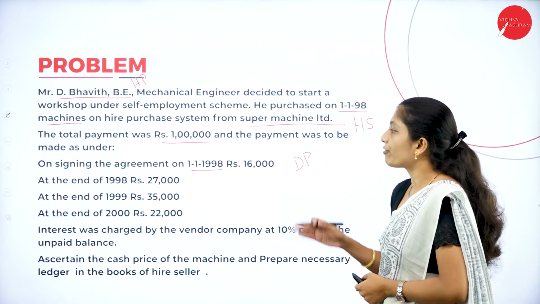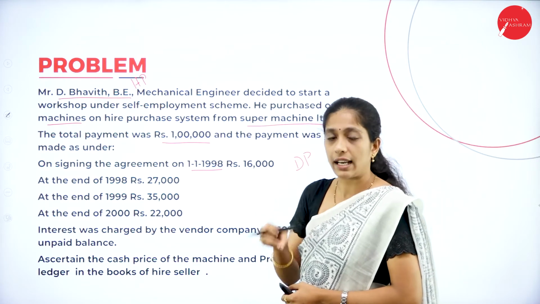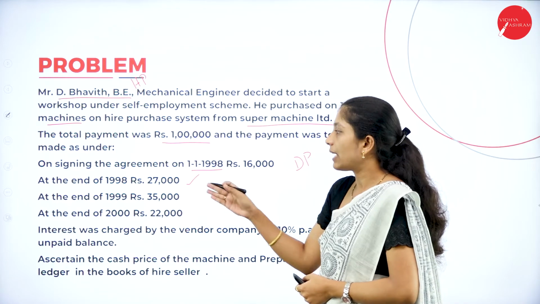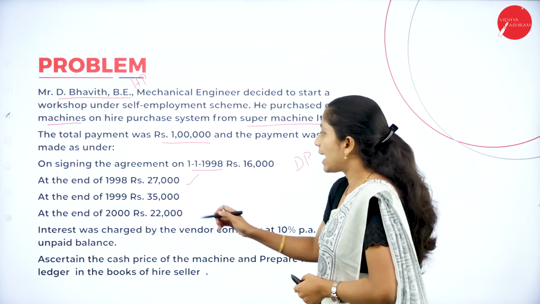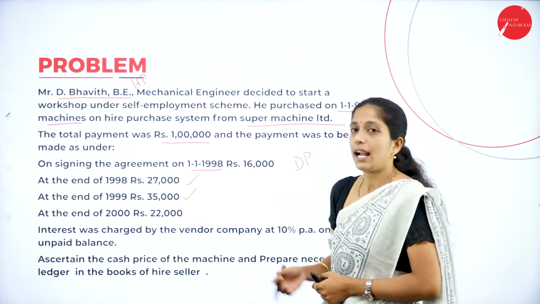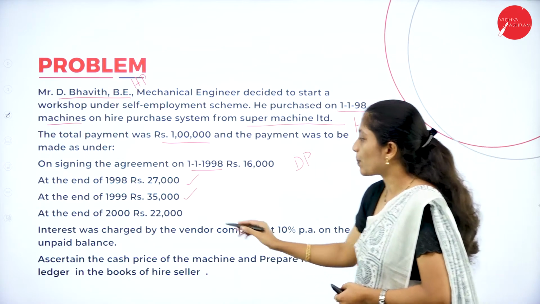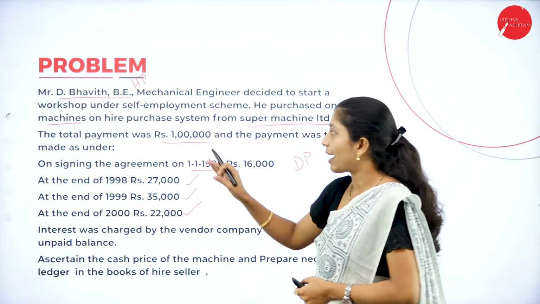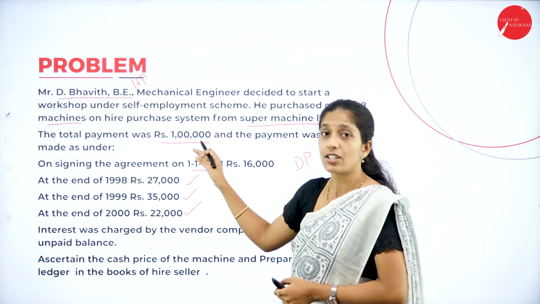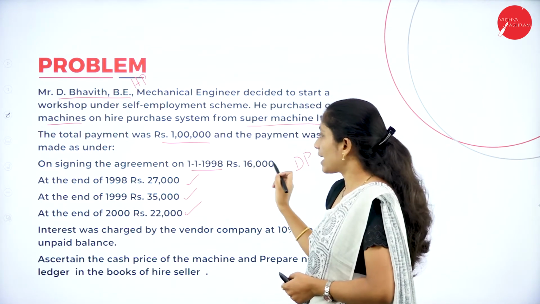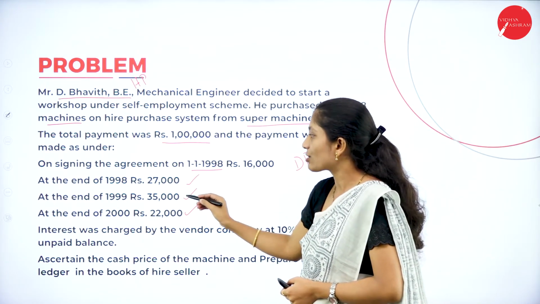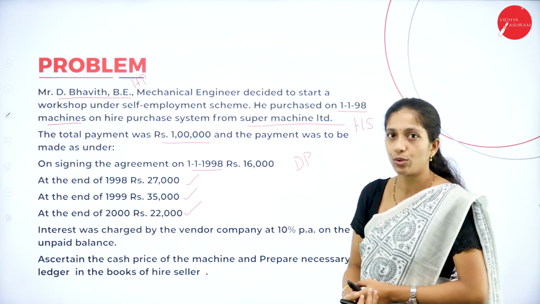Next, at the end of 98, that is the end of that current financial year, he has paid rupees 27,000, at the end of 1999 he has paid rupees 35,000, and at the end of 2000 he has paid rupees 22,000. So the total amount to be paid is rupees 1 lakh. Down payment he has made 16,000 and in the respective years he has paid 27,000, 35,000 and 22,000.